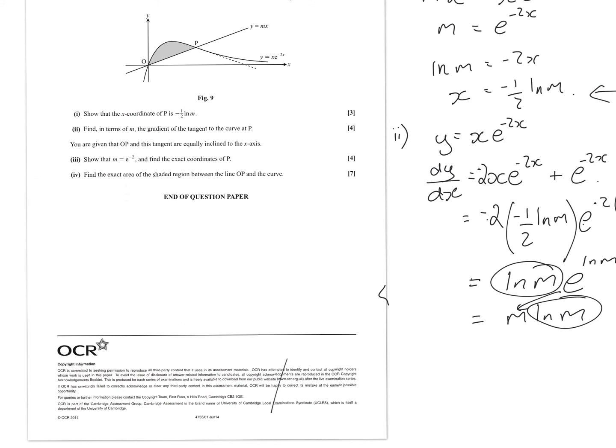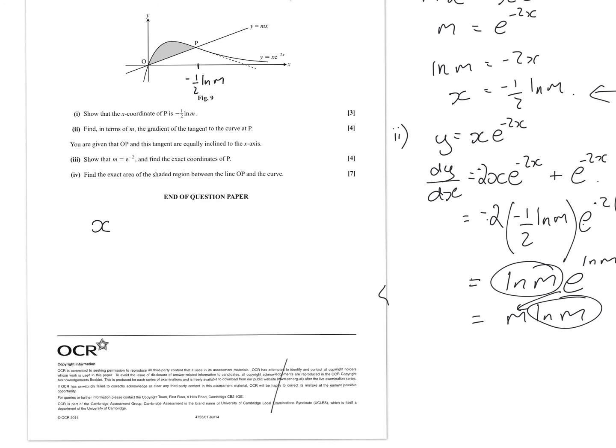So if I just go back, we know that the x coordinate is minus a half ln m, because of what we've done earlier. But I thought we're subbing into the equation y equals mx.